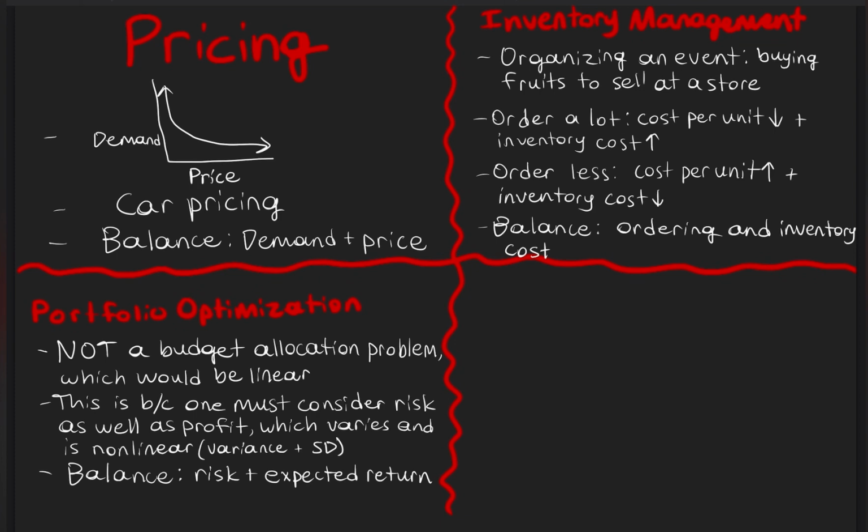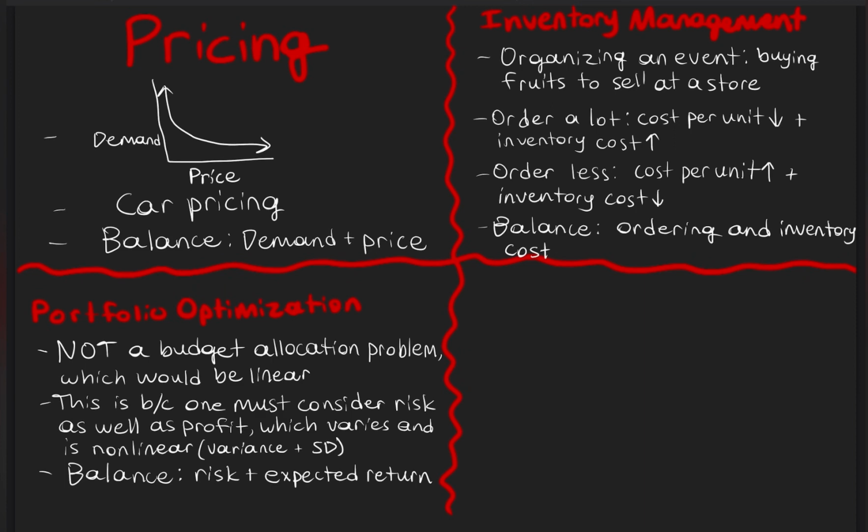Next, we'll talk about portfolio optimization. This is not a budget allocation problem, which would be linear. You might think that this is a budget allocation problem because we're going to apportion funds into different types of investments, such as stocks, mutual funds, maybe real estate. But it's not, because you also have to consider risk, which varies and is nonlinear.